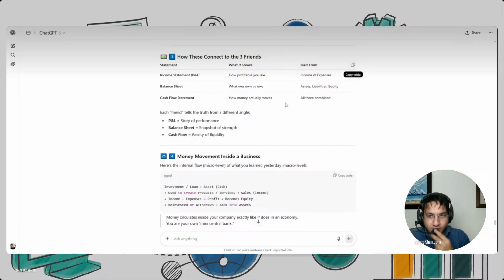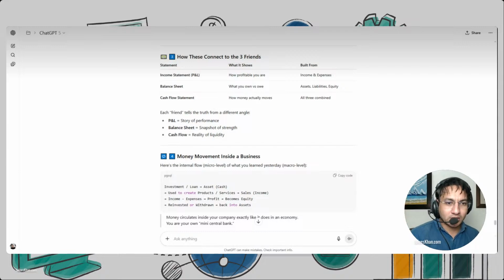That's a very interesting thing: income, balance, and cash flow, and how they are combined. Income says what is coming in and what is going out. Balance sheet: what you own and what you don't own. And cash flow: how the money is moving overall in the business.